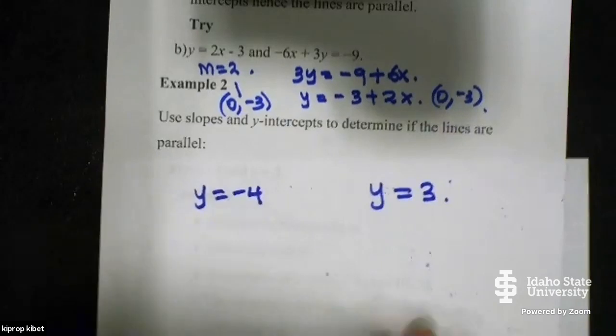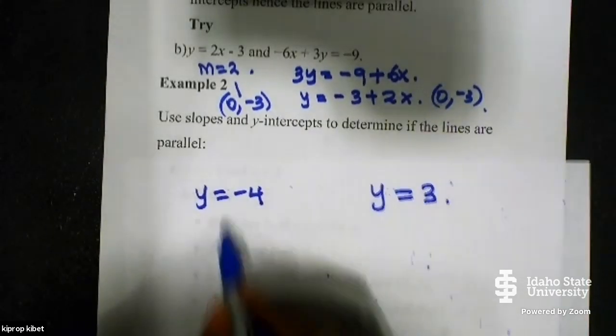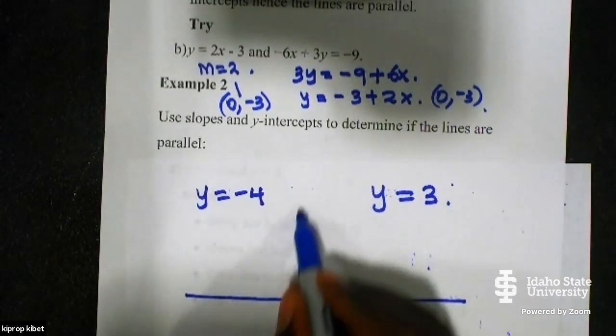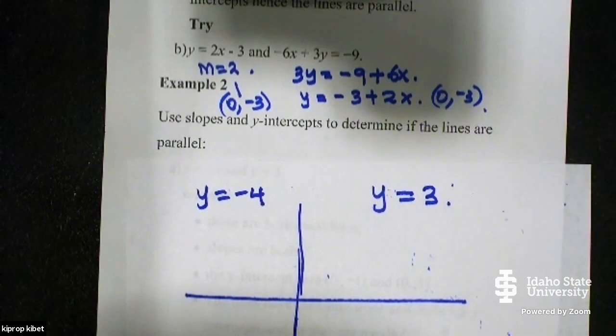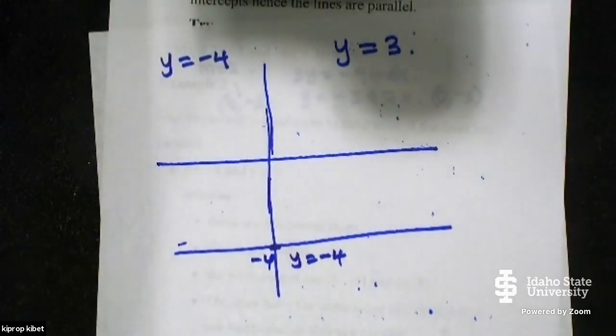So the first one, this is a line, right? So this is a line like this. This is the line at the point y equals -4.